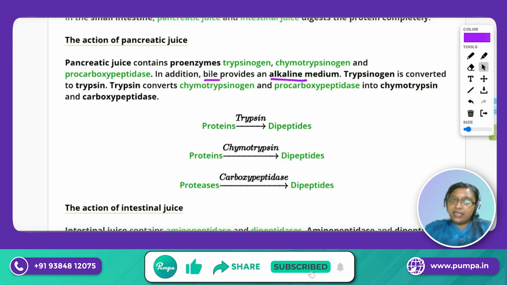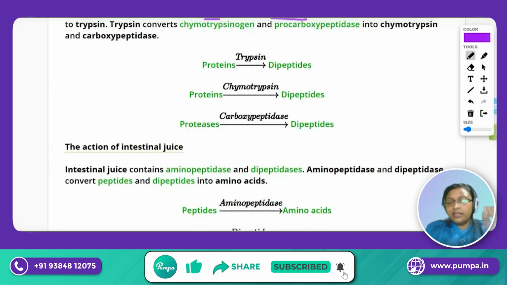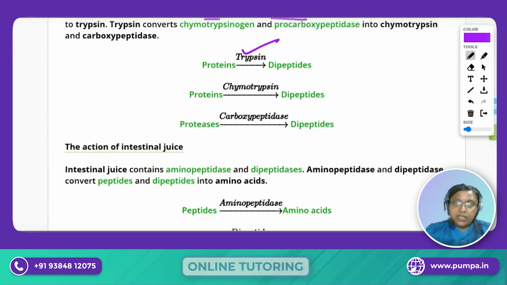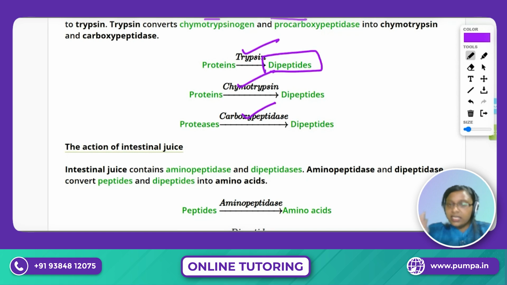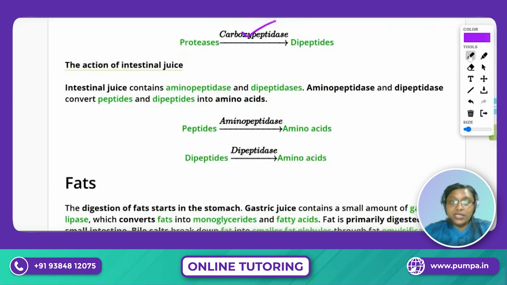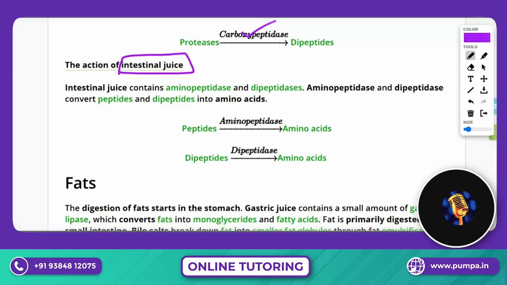Next, whether it is trypsin, chymotrypsin or carboxypeptidase, they act on the protein, and the result is still dipeptides, not a completely digested form, only partially digested. Next is the action of the intestinal juices. Where are the intestinal juices produced? The small intestine, very good.